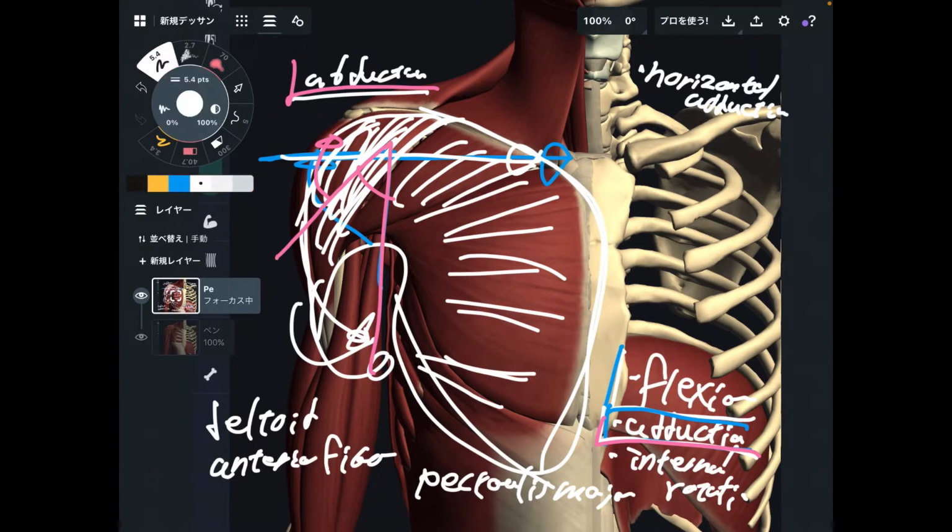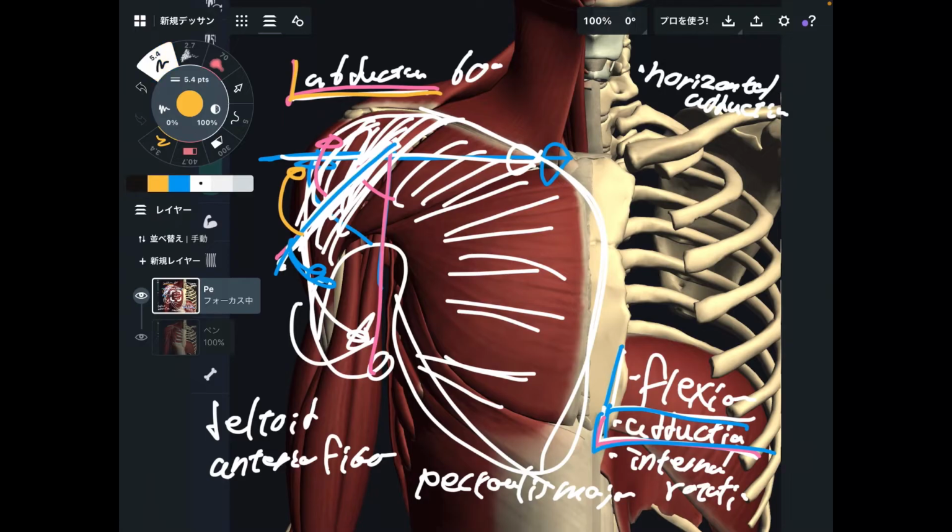I have to say that again. 60 degrees is kind of a threshold for shoulder abduction or shoulder adduction. Below 60 degrees of shoulder abduction position, that does shoulder adduction. Above 60 degrees, that does shoulder abduction. That's very interesting thing.